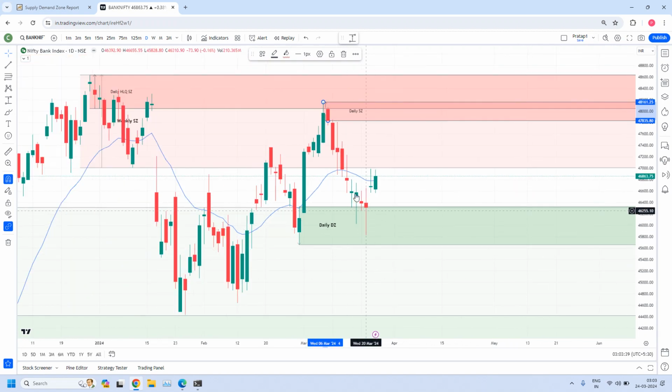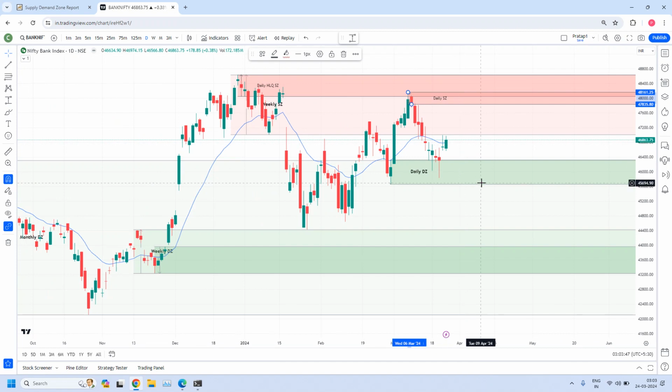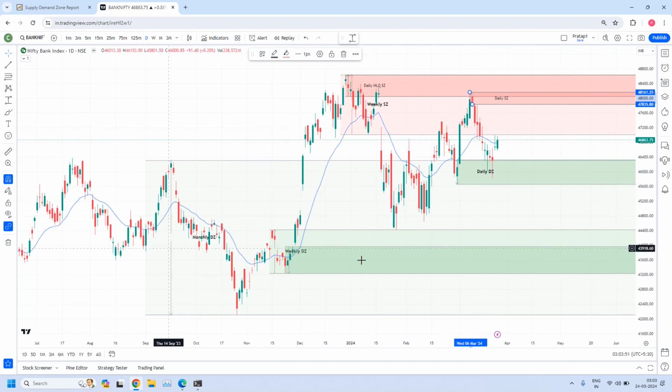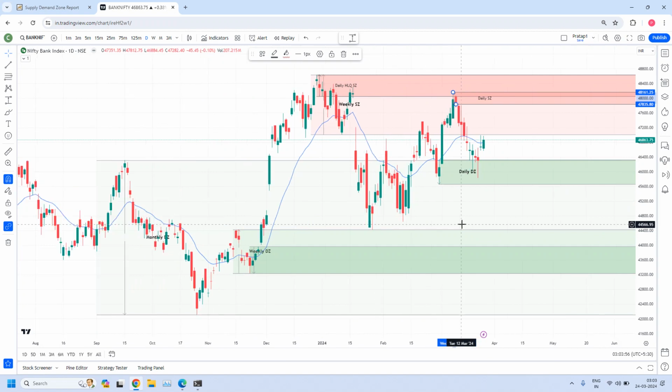Okay, at present, Nifty reached the daily zone and again prices are moving up towards the supply zone. And remember, this daily demand zone is inside the monthly zone. That is one point you should understand.